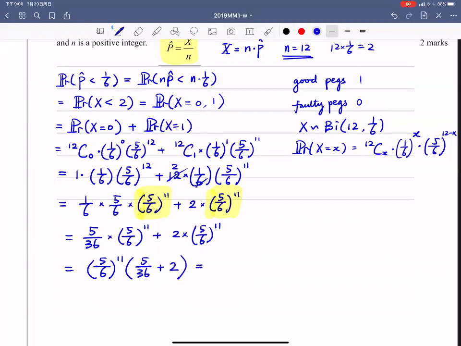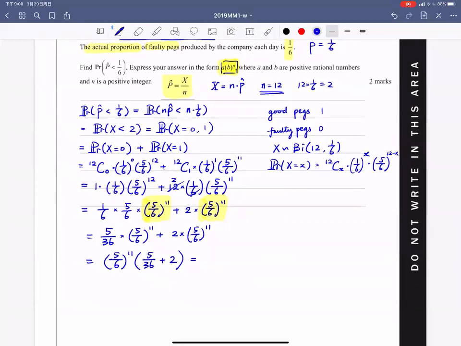And I know I should double check. All right, 5 on 6 to the power of 11 times 5 plus 72, which should be 78 on 36.